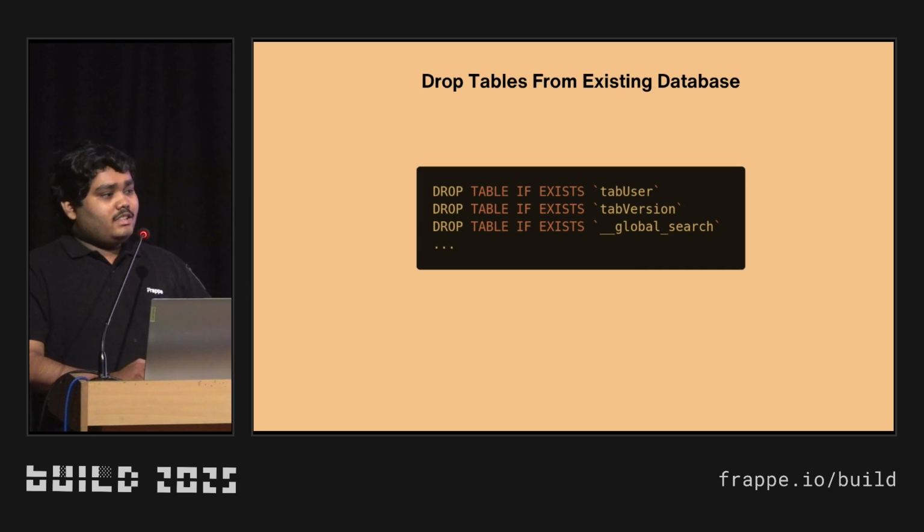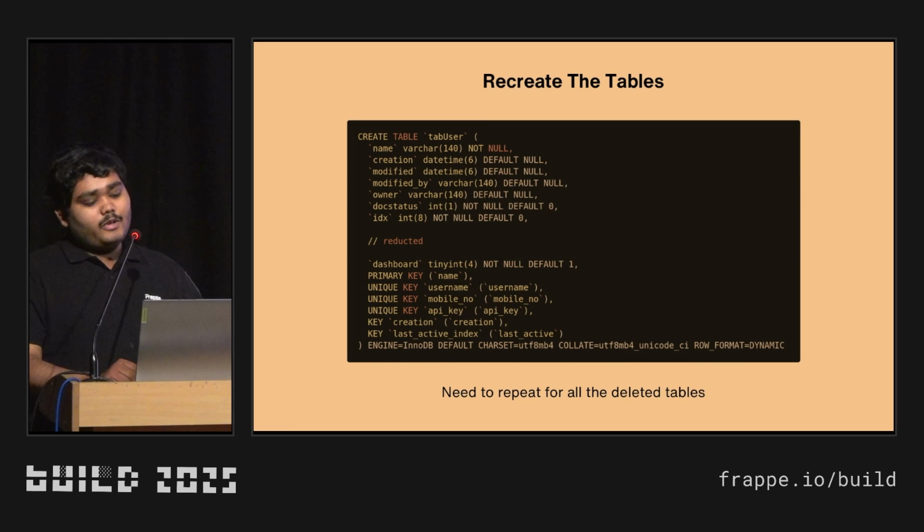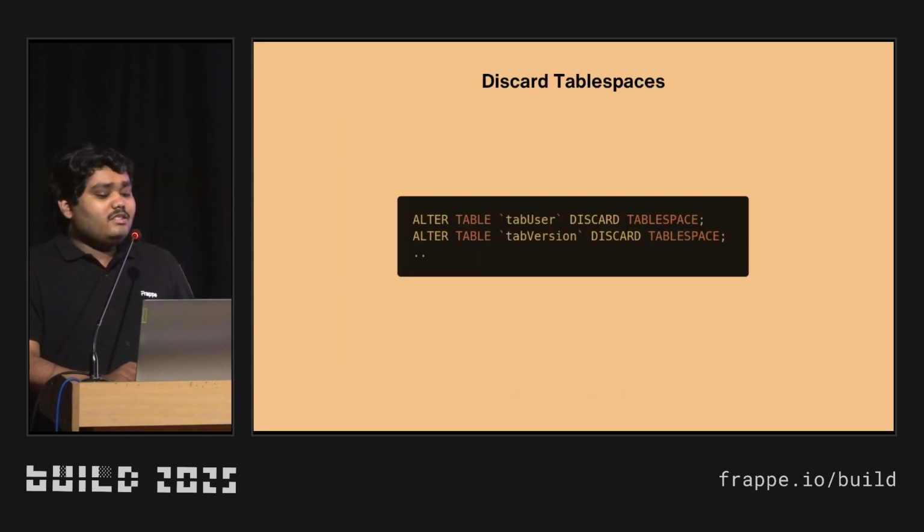In the next step, we need to drop the tables, whichever tables we want to restore. If you want a partial restore, of only 2-3 tables, you can drop just those tables. Once you did that, we need to recreate the tables. If you remember, in the physical backup we have already dumped the table structure in a SQL file, which has the information for table creation. Once you create the tables back, you need to discard the tablespaces.